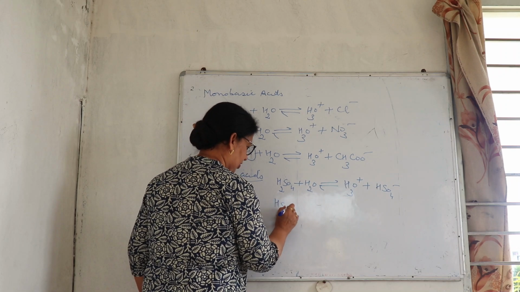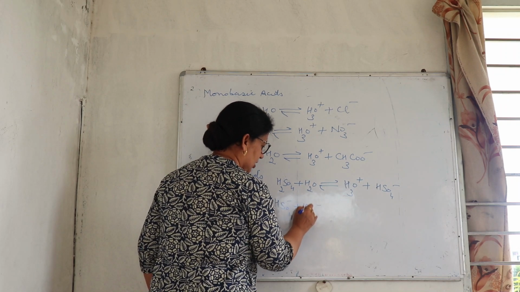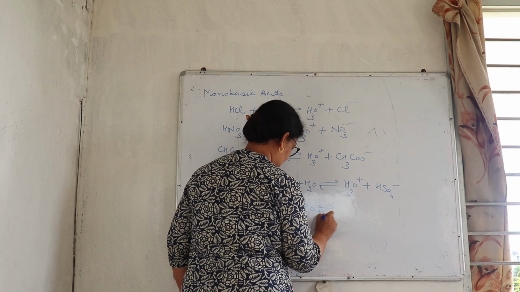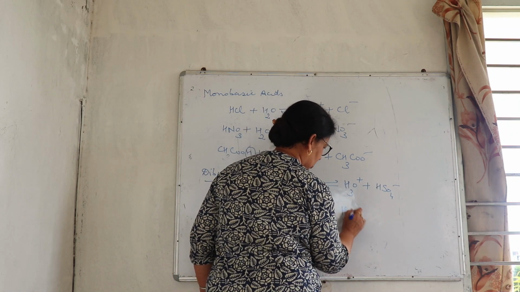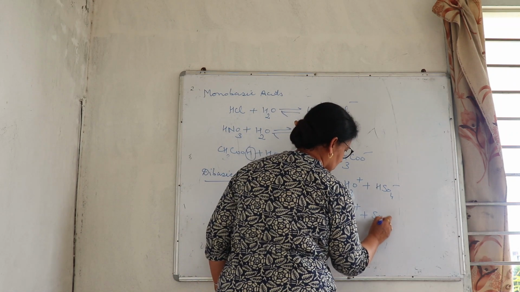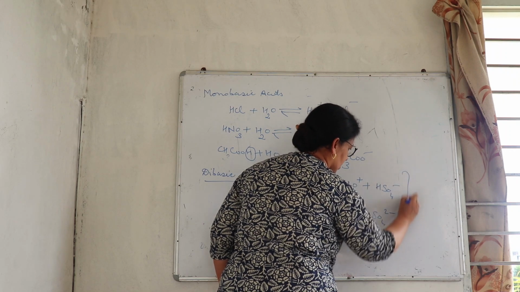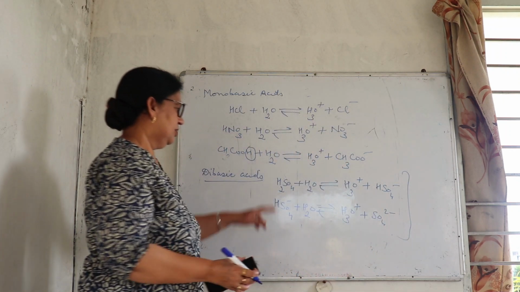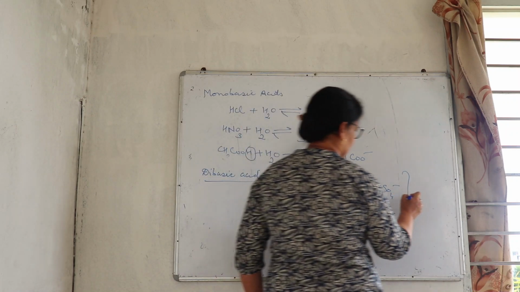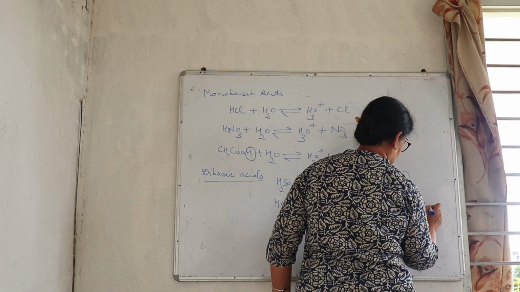This hydrogen sulfate again ionizes in water and produces one more hydronium ion plus SO4 2 negative. So this is ionization in two steps, producing two hydronium ions.